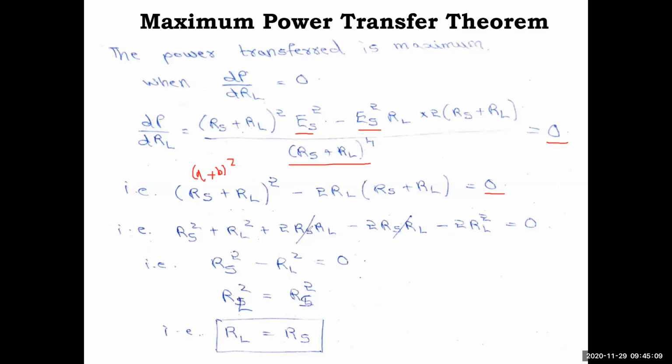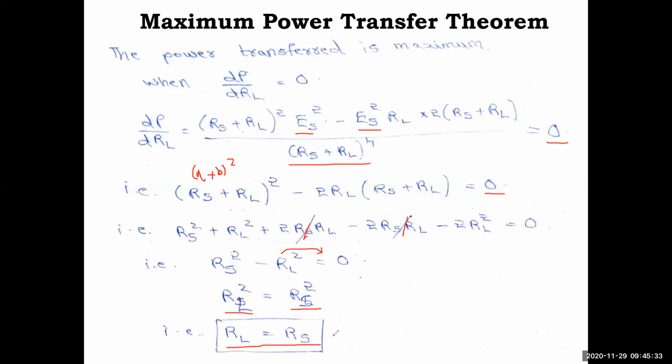The plus and minus 2 Rs RL will cancel out, and here Rs square is there, RL square is there, minus 2 RL square is there, so it will give you minus RL square. Taking RL square to the right side and rearranging the equation, RL square is equal to Rs square. If you remove the square, you'll get RL is equal to Rs.